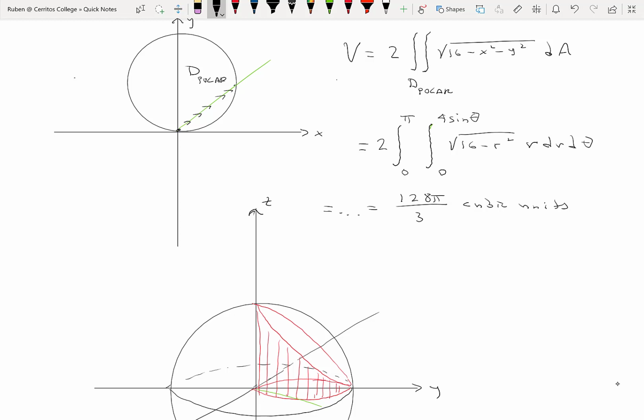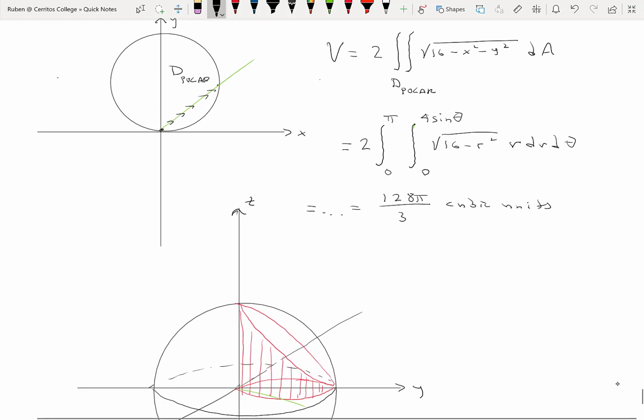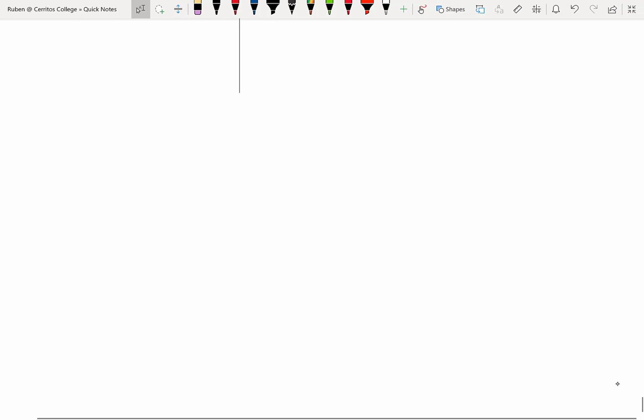Okay. All right. So most of our work is done in this section. Our last idea is to go back and look at the final application I gave you for double integrals in a previous section. I can't remember if it was 15.1 or 15.2.